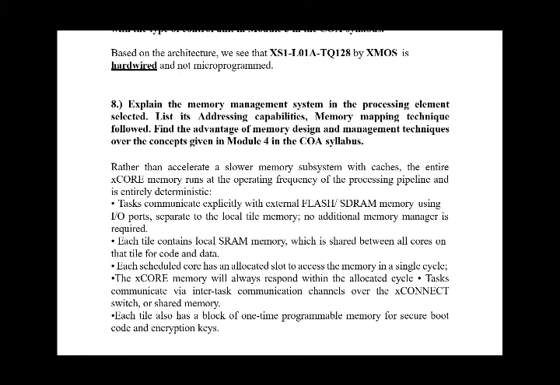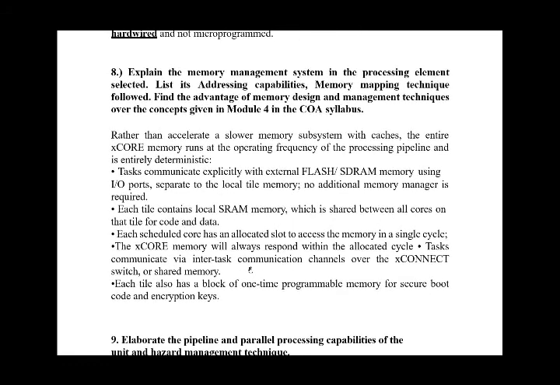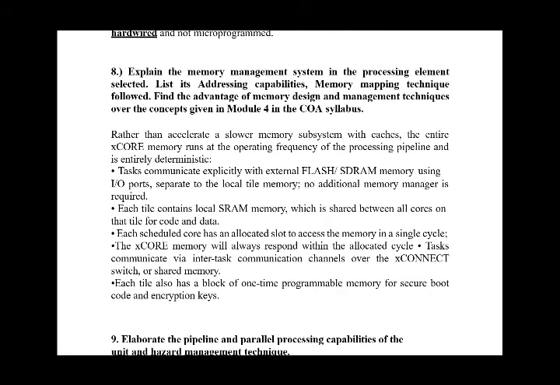The tasks communicate explicitly with the external flash or SDRAM memory using IO ports. SRAM memory is contained in all the X tiles, which is shared between all cores in the tile for code and data.